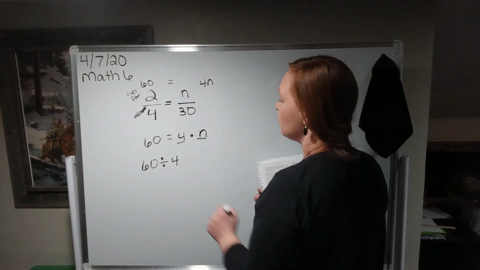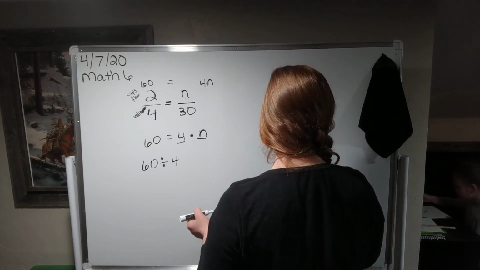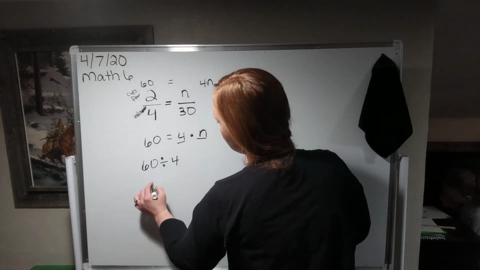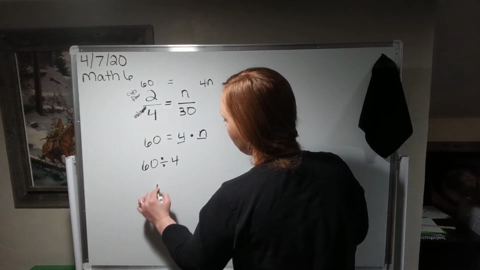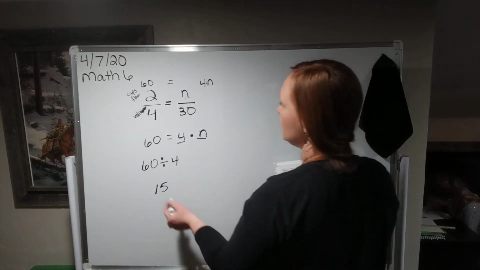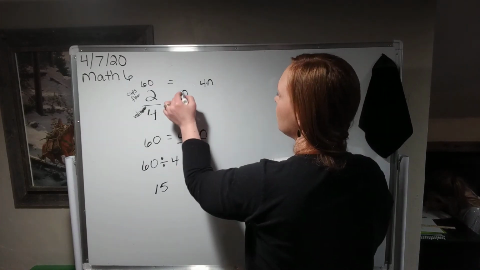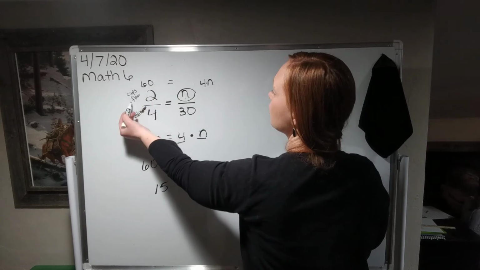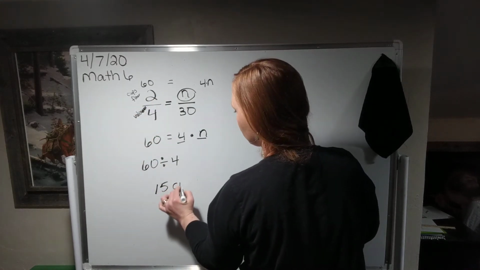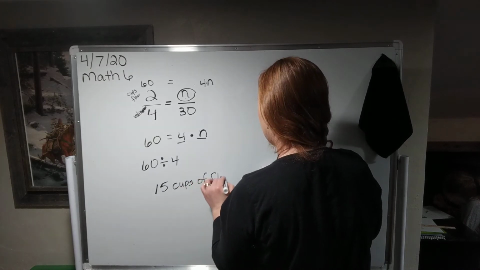Okay, so then we need to do 60 divided by 4. Go out to the side if you need to do that, but we should get 15. 15 what? Because this is a word problem, we need to make sure we label it. Well, if it goes right here, I can look over and see that it's cups of flour. 15 cups of flour.